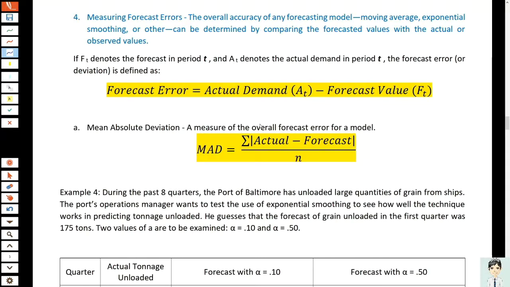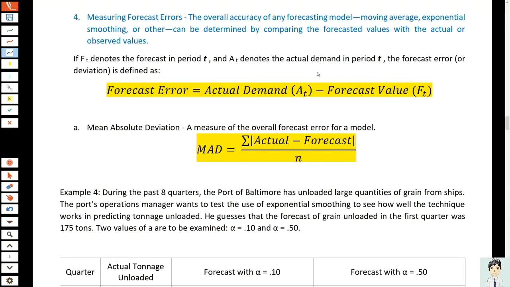If F sub T denotes the forecast in period T and A sub T denotes the actual demand in period T, the forecast error or deviation is defined as forecast error is equal to actual demand A sub T minus the forecast value F sub T.